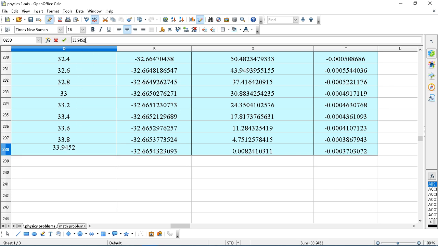Okay, here we have a better approximation. Here we are at less than 0.1 millimeters from the ground.